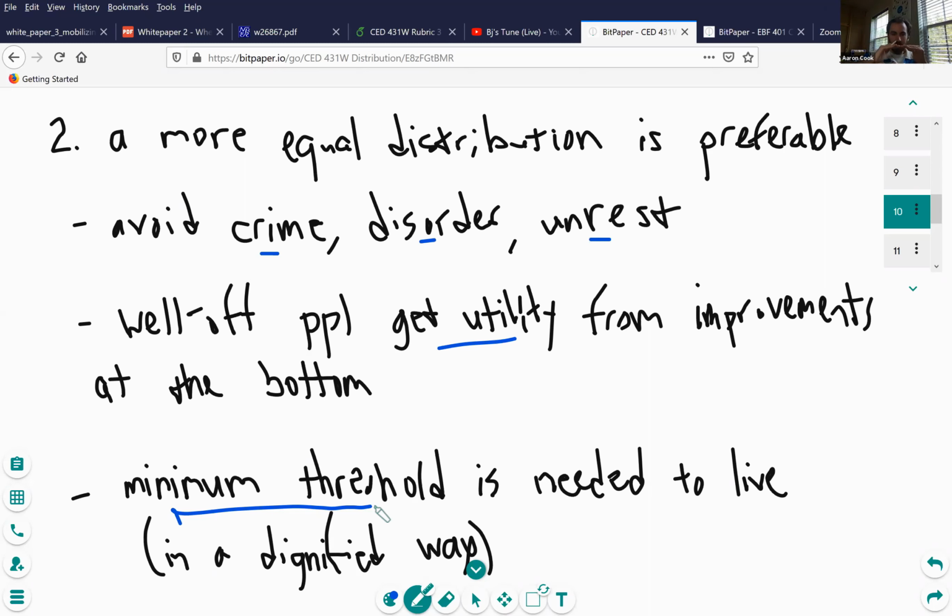You need to have a certain amount, and if you have less than that, then it's just really undesirable, both for the person and from a social perspective, to have people in society living that way, with not enough to meet their basic needs. And so this threshold reason could be a third distinct reason for having transfers of income.